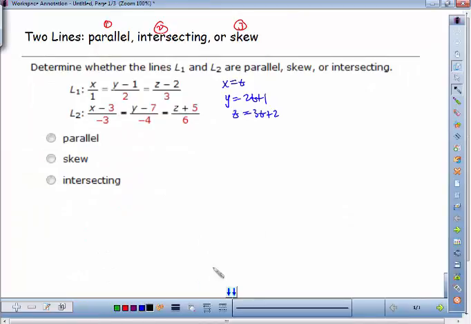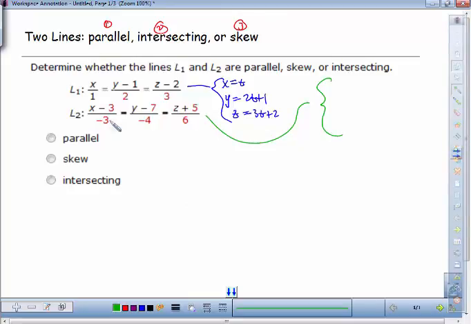So this is L1. So let's figure out what L2 looks like. So I want to, again, set them equal to t and then solve for the variable. So this is negative 3t plus 3.